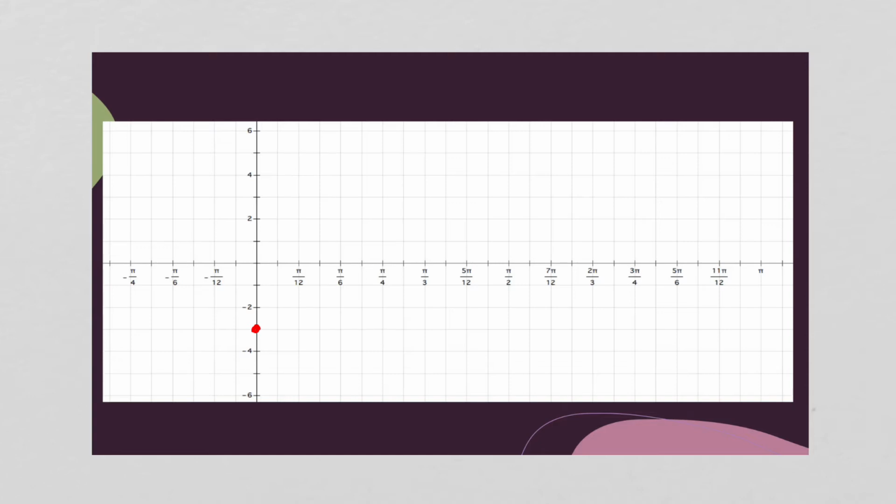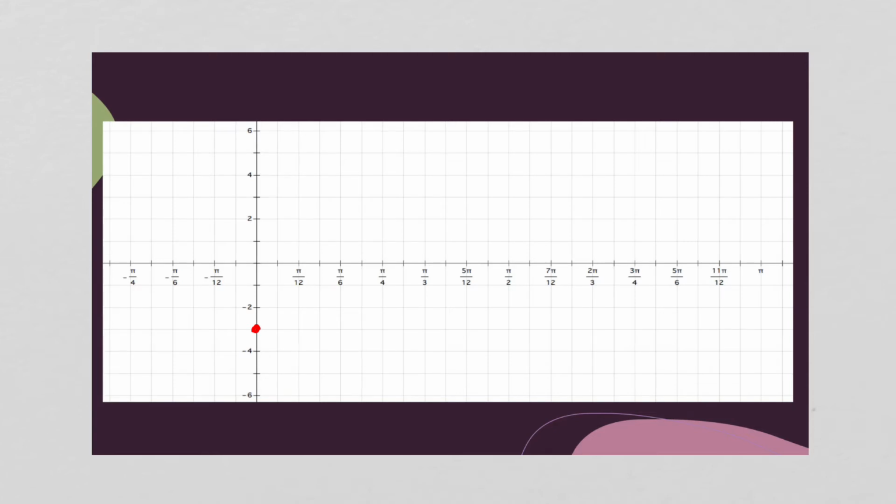Okay, so where are we going to start? Normally we would start at 0, but this particular function has a phase shift to the left. And the phase shift is pi over 16. So we need to go pi over 16 to the left of 0.